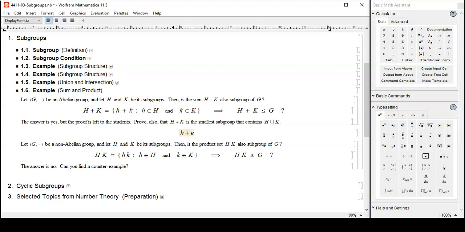H can be written as H plus E, like this, because E belongs to K. Similarly, K is E plus K, and that'll belong to H plus K. I guess I'm giving away too much.